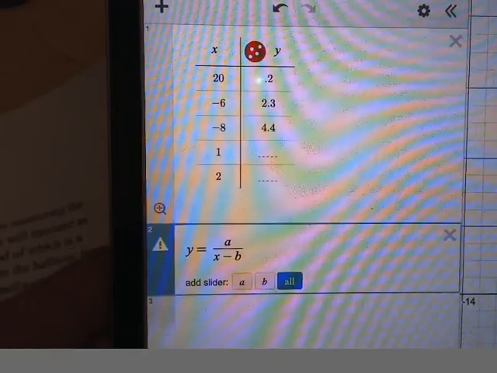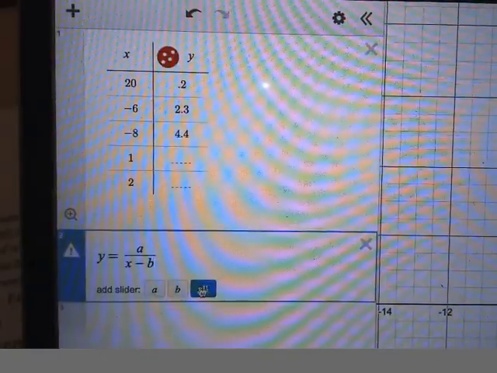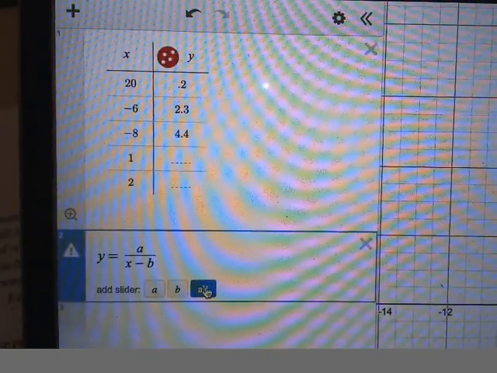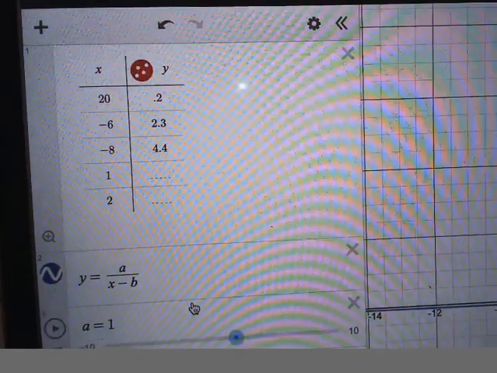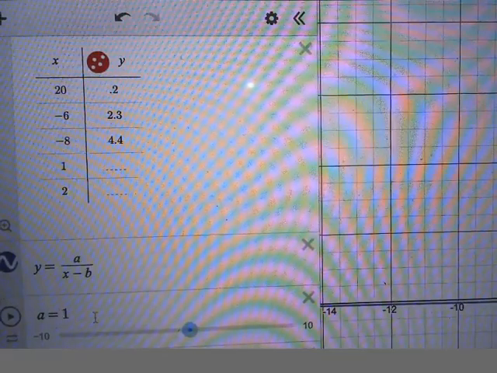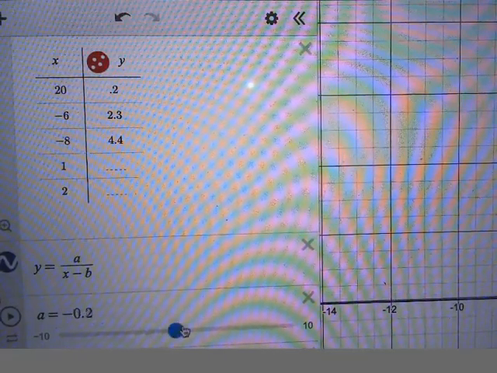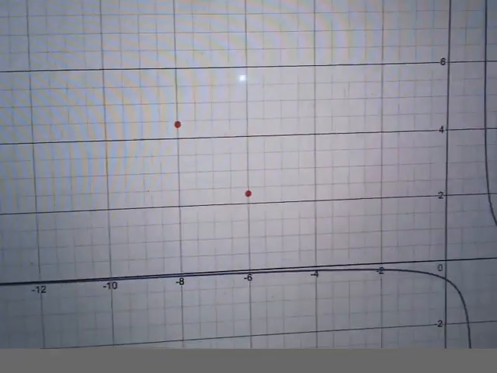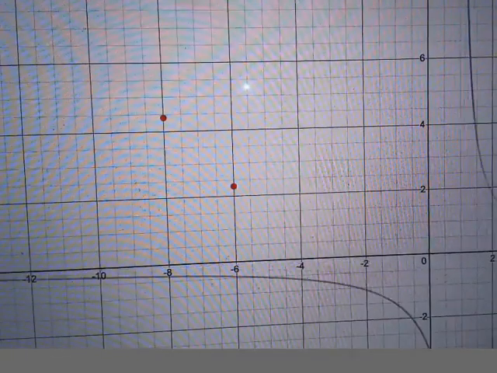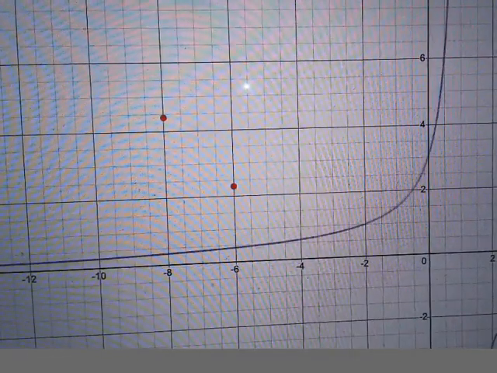So I don't know where to put it. Now it says I can make sliders, so I'm going to do all. So now I can adjust a to different values, and if you look at the graph as I move a, you can see what it's doing.